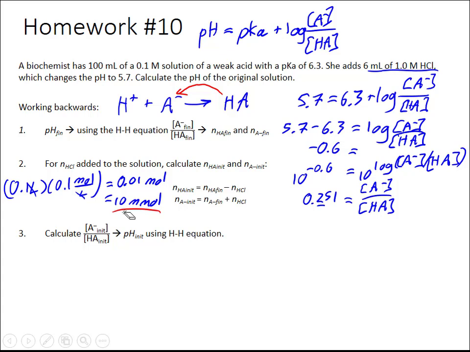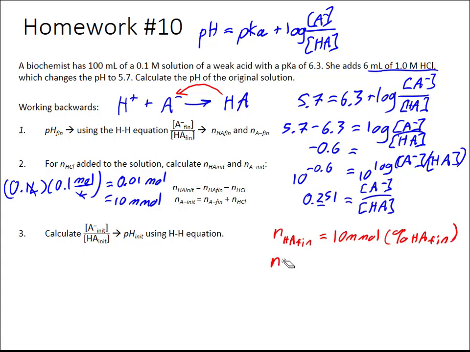We just have to figure out the distribution of how much is in the base form and how much is in its acidic form. So there are a few ways to do that. One way that I think of it is to think that the final amount of conjugate acid is equal to this starting amount, 10 millimoles, times whatever the percent of HA was in the final solution.